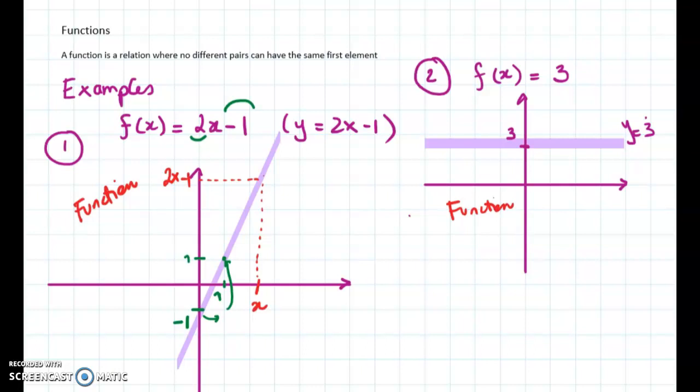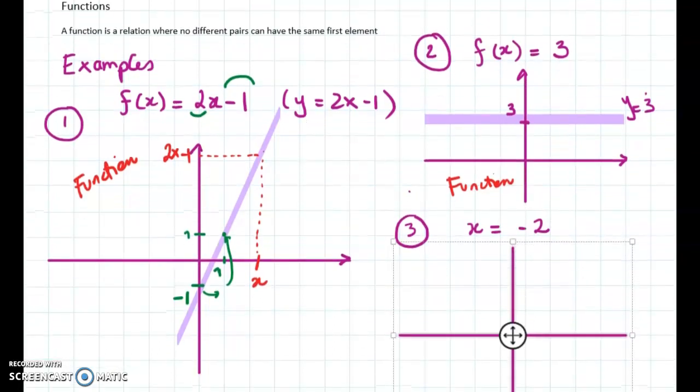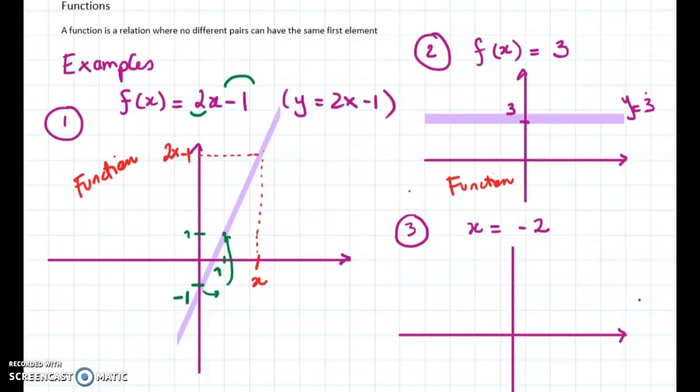So you may be thinking at this point, well, looks like all lines are functions, and that's why we have example number 3 over here. And in this case, my example is going to be x is equal to -2. So let's sketch how this looks like. I have my axis over here. I have the point, let's say -2 is over here. And then, well, what is the relation here?